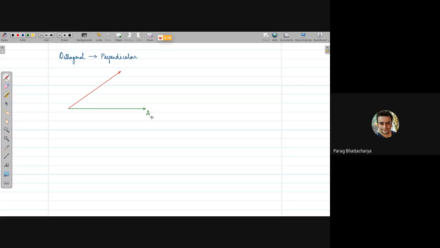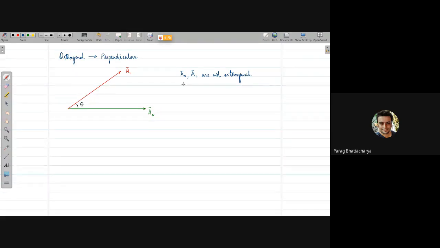Let's call this vector A0, and this other vector A1. The angle between these two vectors is theta. These two vectors are definitely not orthogonal: A0 and A1 are not orthogonal.